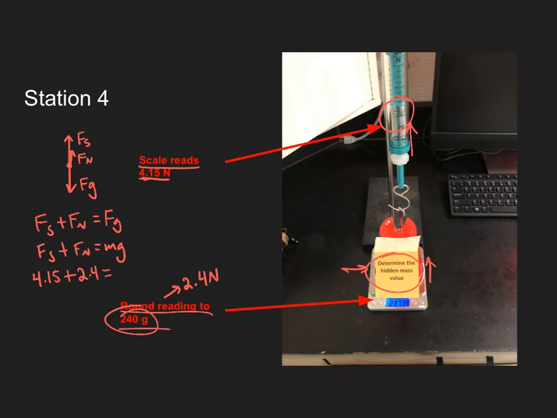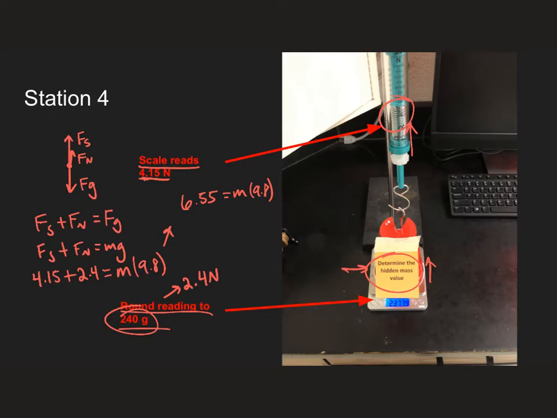The goal here is to determine the hidden mass, so I'm looking for m, and I know g is 9.8. So if I add the left side together, I'm going to get 6.55 for my force total up, and that equals mass times gravity.